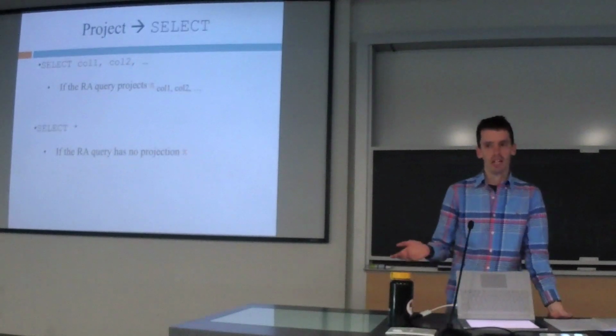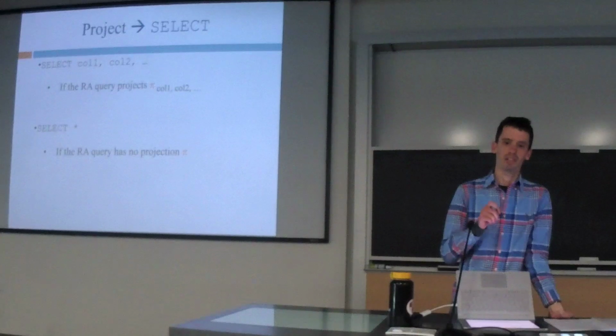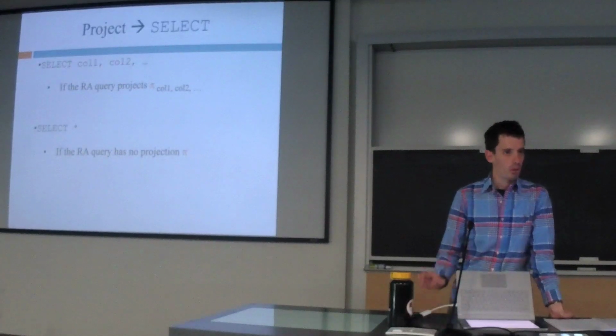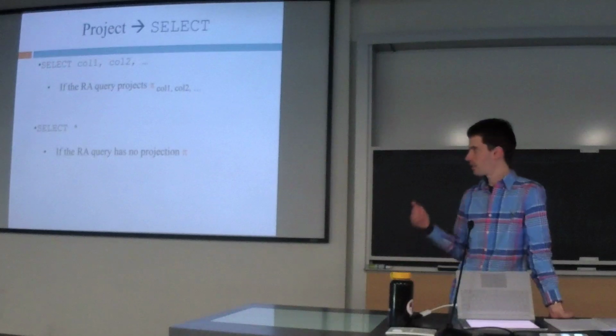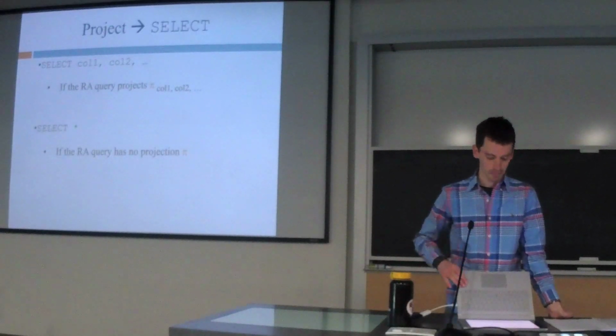So projection. Now I'll go over the most confusing part first. Remember, select means something different in RA than it does in SQL. Project in relational algebra is pick out columns, which is select in SQL. At least it's part of the select keyword.